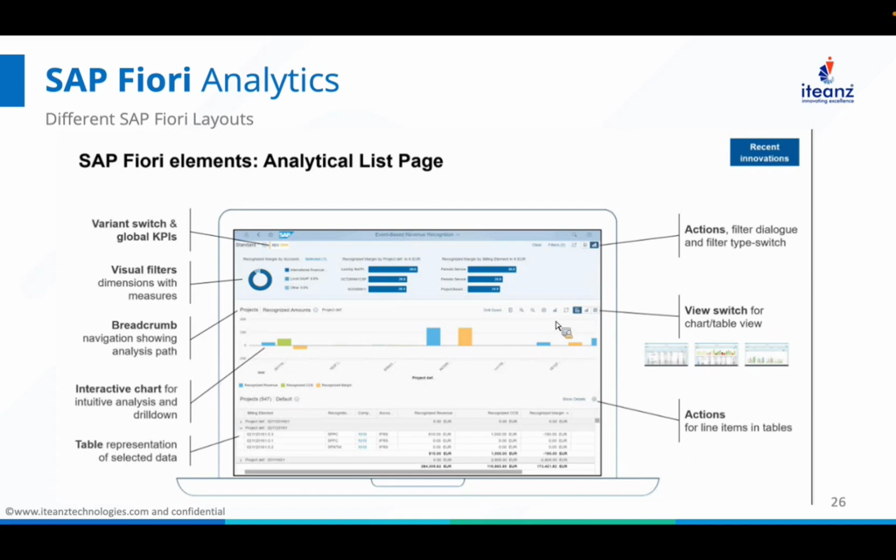As you can see here, this is the template for the analytics. You have different buttons where you can see the data in graphical or tabular format. You have filters and interactive graphs. It can be a pie chart, a line chart or a donut chart. So this is how SAP Fiori analytics is designed and delivered by SAP.